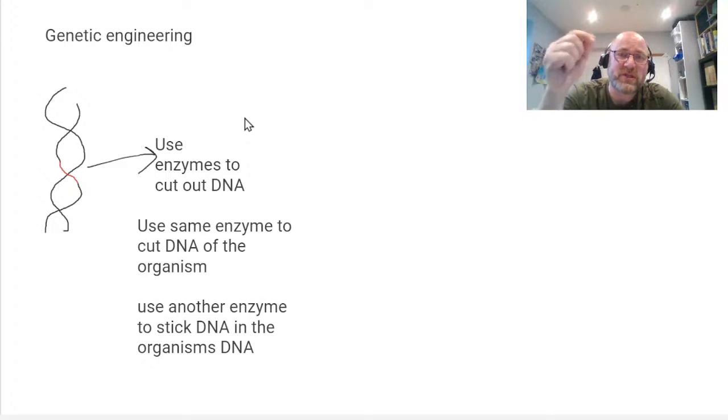We cut the insulin gene out of a healthy human pancreas. Just take one cell of someone's pancreas, they're going to grow a new one, they won't miss it. We cut out the insulin gene using enzymes, and then we cut the plasmid of a bacteria, that's the circular DNA, using the same enzyme, so it makes the exact same shaped jigsaw cut, and then we can insert the gene using a different enzyme that glues it in called ligase enzyme.